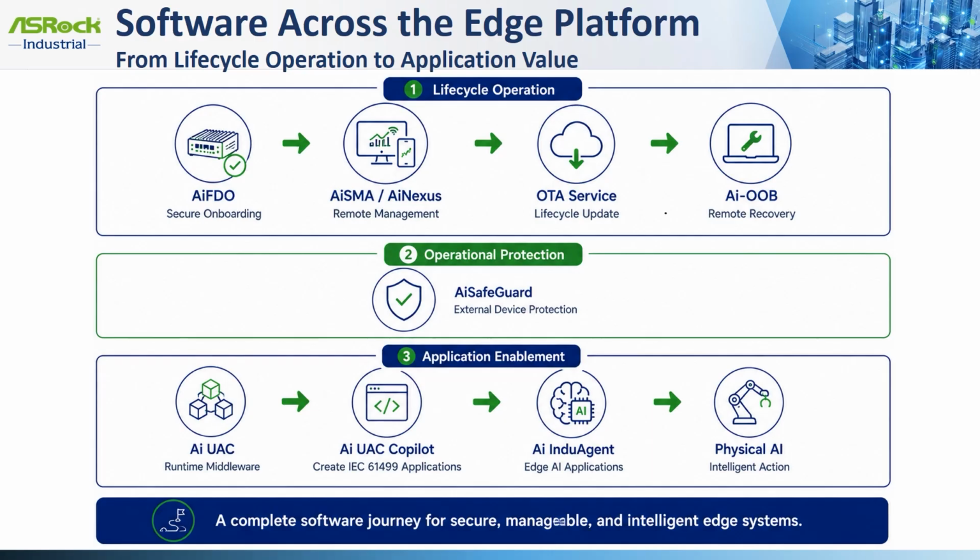Our OTA service helps maintain software after deployment, and the AiOOB supports remote recovery when normal access is not available. After that, we will look at AiSafeguard for operational protection. Finally, we will move to application enablement with AiUAC, AiUAC Copilot, AI Agent, and our physical AI capability.